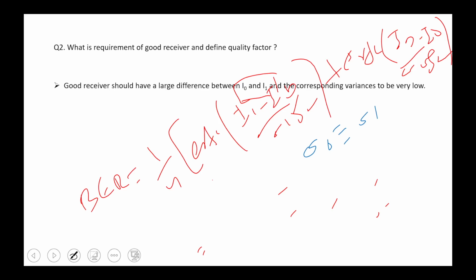So it will be equal in that case. Then the bit error rate in the case of equal sigma comes to 1/2 erfc of Q by root 2, because Q, as I have already explained, equals I1 minus I0 upon sigma 1 plus sigma 0. So here Q is the measurable quantity, and using Q we can estimate the bit error rate of any signal.